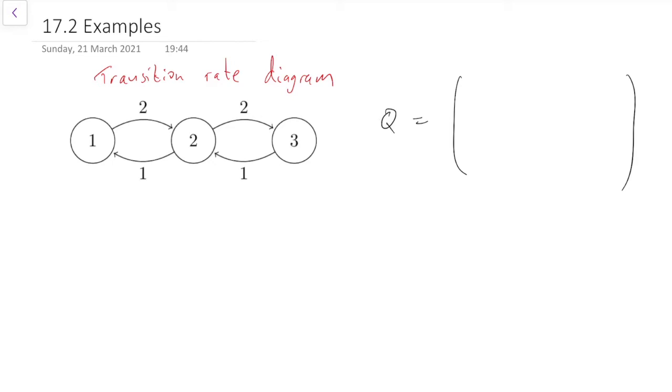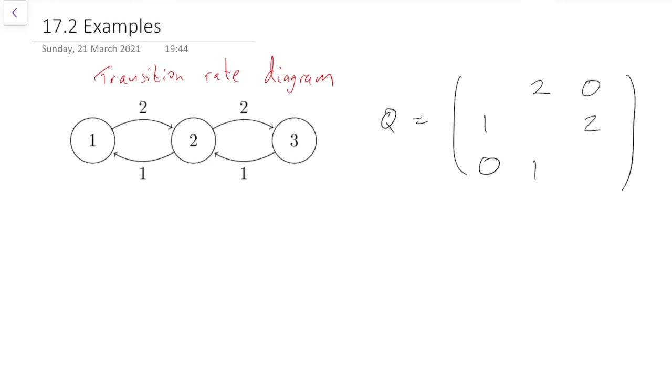And the off-diagonal elements are the ones in the picture. So from 1 to 2, we have a 2. From 2 to 1, we have a 1. From 2 to 3, we have a 2. And from 3 to 2, we have a 1. Note that there's no arrow from 1 to 3, so that must mean that rate is 0, as in we can't make that jump. And similarly, there's no arrow from 3 to 1, so that must be a 0.